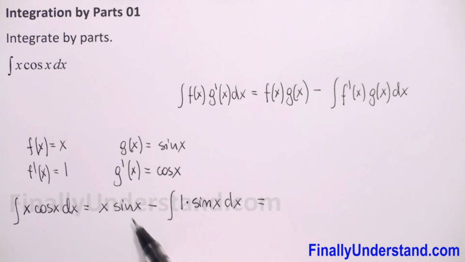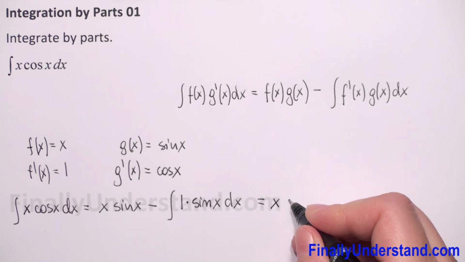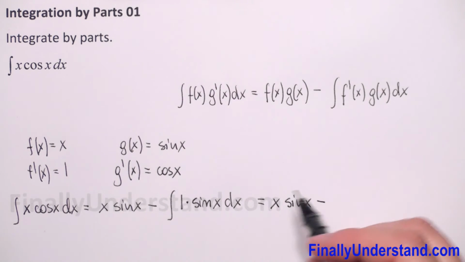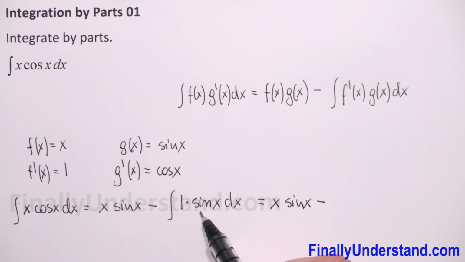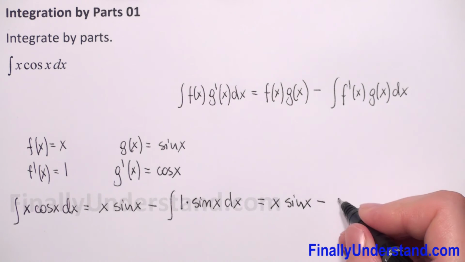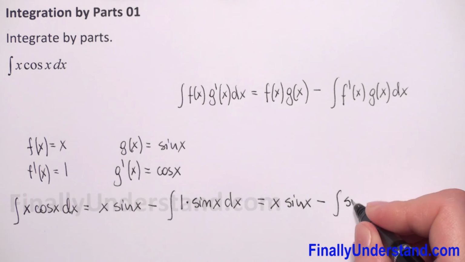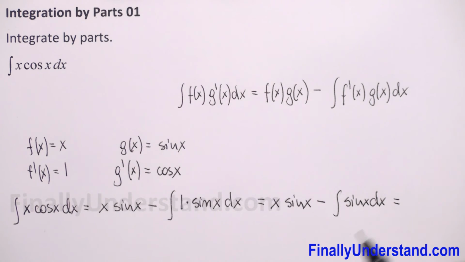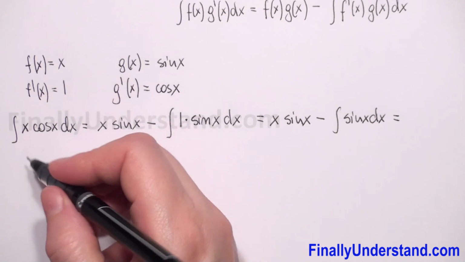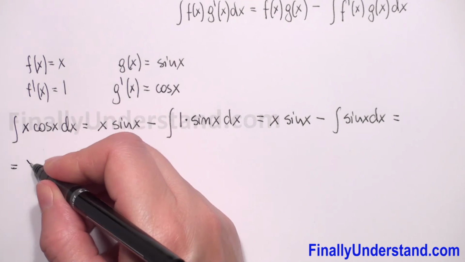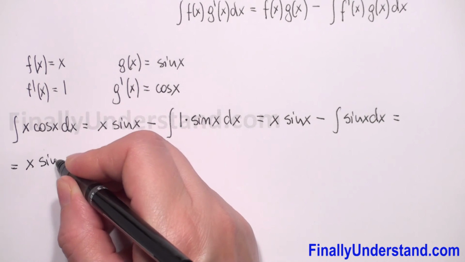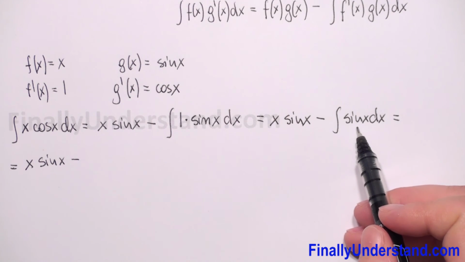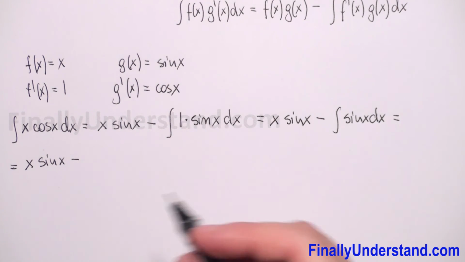So first we just copy x times sine of x minus the integral of sine. Let me rewrite this. We have the integral of sine of x with respect to x. So this is equal to x sine of x minus, and the integral of sine is negative cosine.